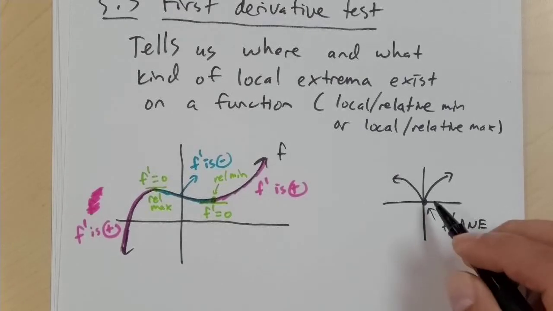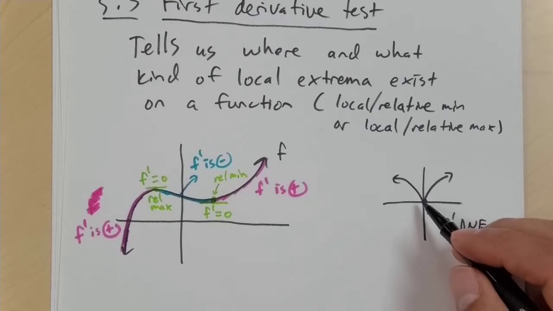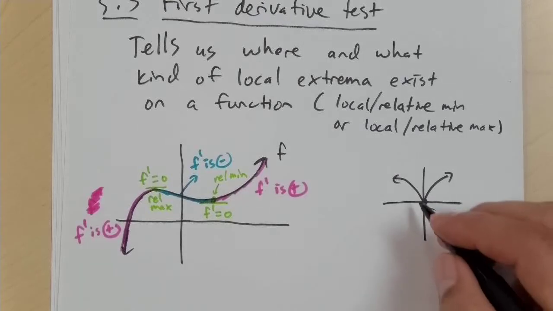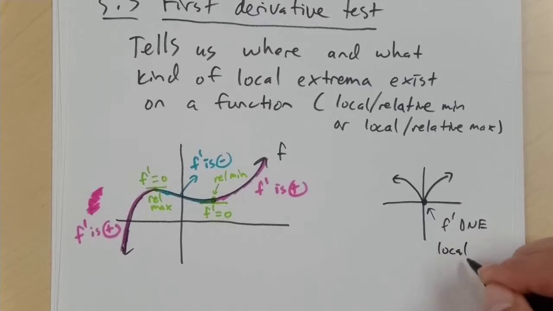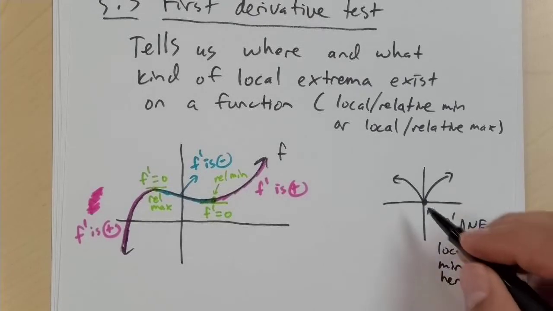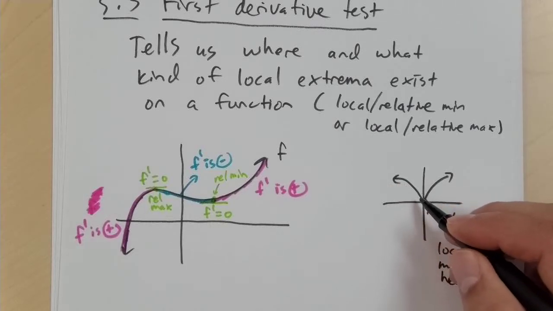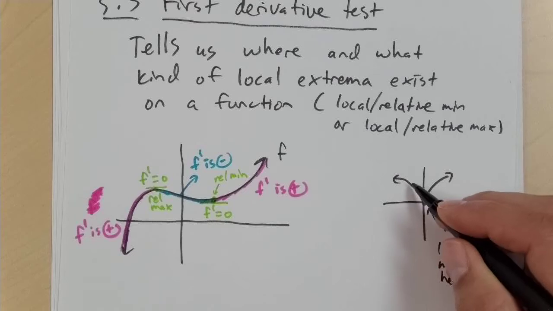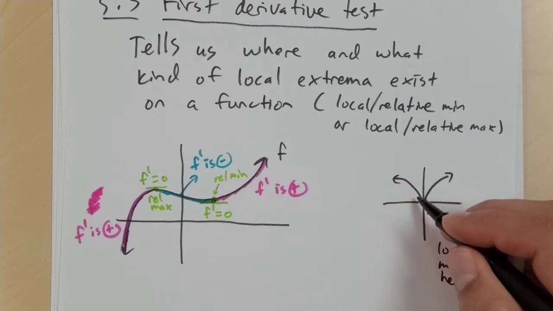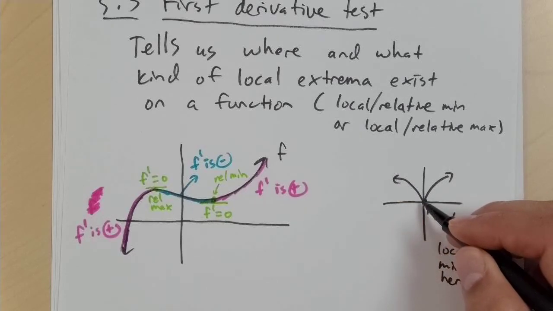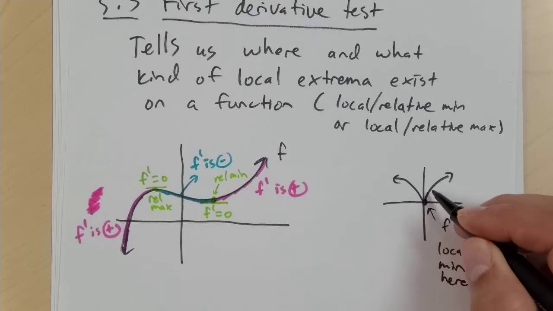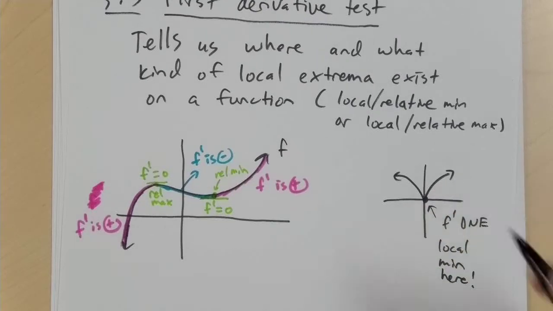So if we have a cusp, we still want to consider those points because here we do have a local min. Even though the derivative does not exist, we still have a local min because we're decreasing, decreasing, decreasing. In other words, the derivative over on this side is negative, negative, negative, and then once we hit x equals 0, it switches to positive after that.